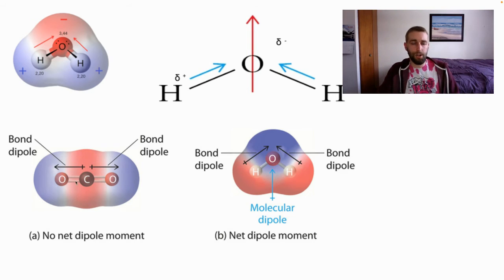Over here is carbon dioxide. This whole molecule is nonpolar, even though it has two polar bonds in it. That's kind of confusing, but the answer is all about the shape. If you zoom in and just look at the carbon and oxygen bond, you'll see oxygen has a bigger electronegativity, so it pulls the electrons away from the carbon, making the oxygen just a little bit negative.